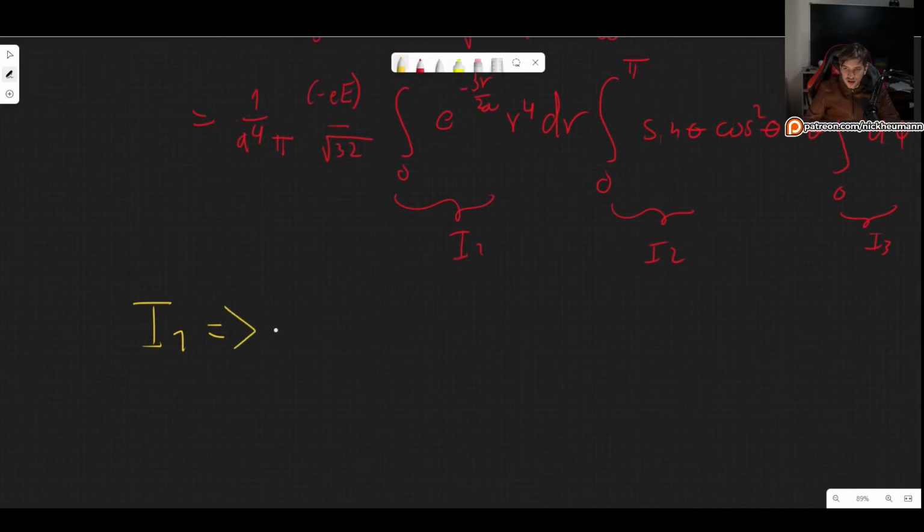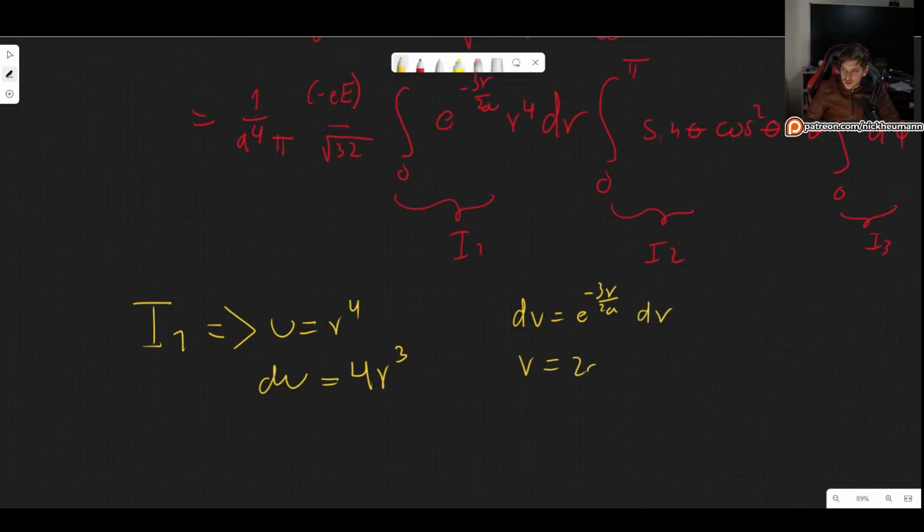You would say, okay, u is equal to r to the 4th, du is equal to 4r cubed, and then you have dv, which is e to the minus 3r over 2a dr, and v is going to be 2a over 3 e to the minus 3r over 2a. And from here, you have, of course, this product, which will be 0, because you have to multiply these two, evaluate it between 0 and infinity.